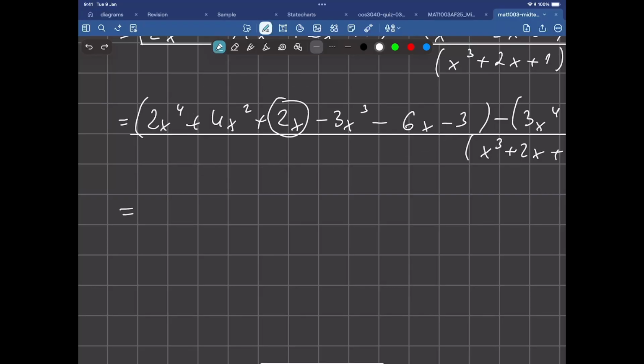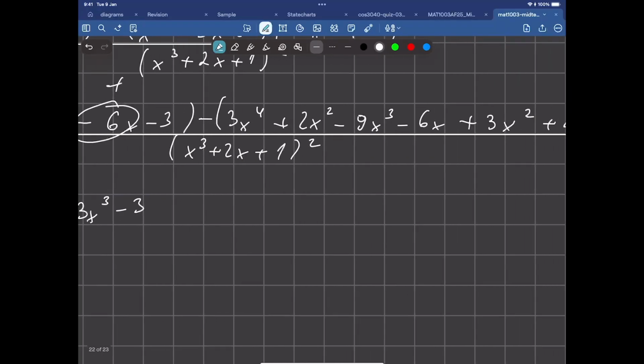I could, I guess, just sum these two because they're all x's, just x to the first. So you have 2x to the fourth plus 4x to the second minus minus 4x. You see what I mean? Minus 4x when I add these two, minus 3x cubed minus 3.